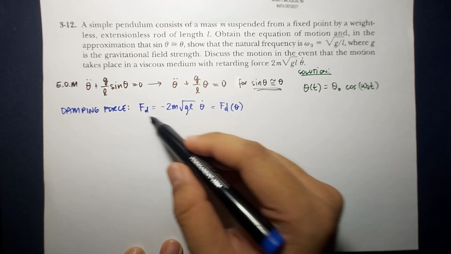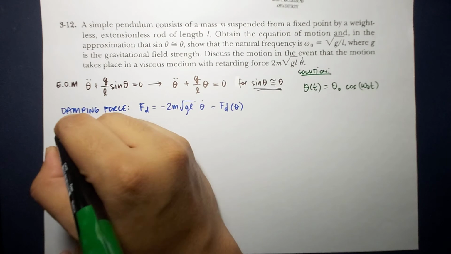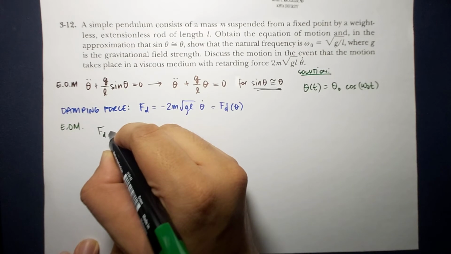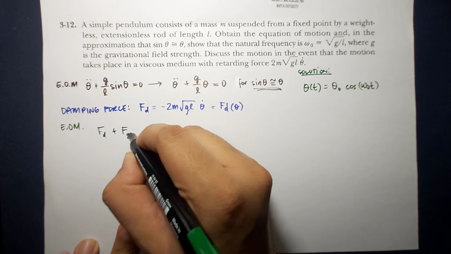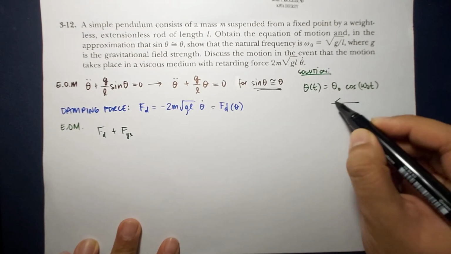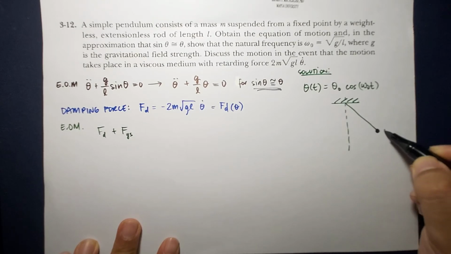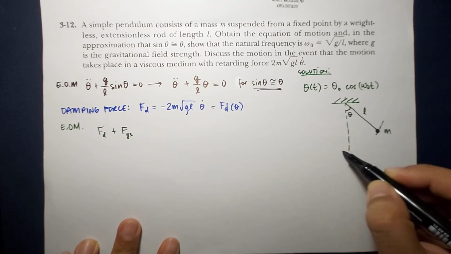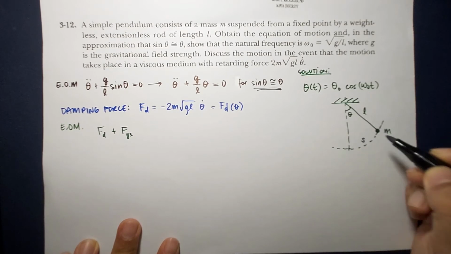So if this is the damping force, the equation of motion can now be determined by using Newton's laws as F_d plus the gravitational force along the s direction. Remember that if you have a simple pendulum like this, this is your mass, this is your L, and this is your theta. So this actually moves in a semicircle, and this direction is your s direction.